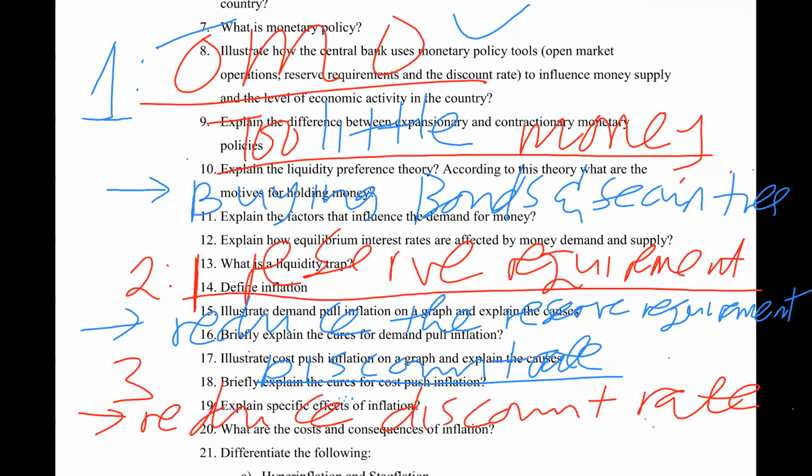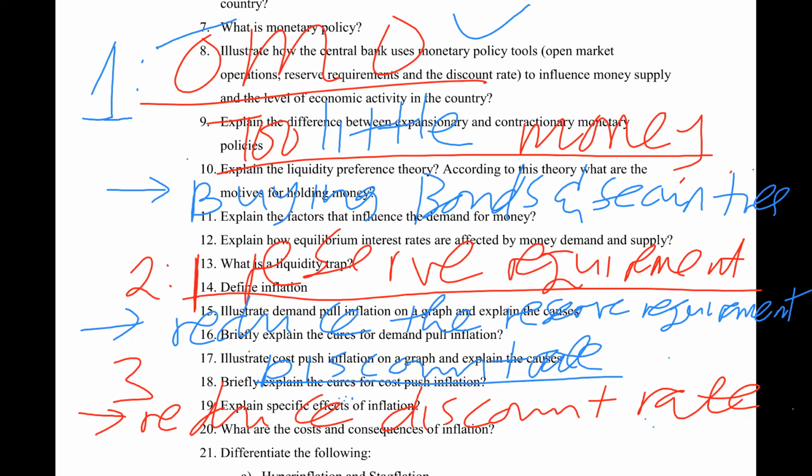Okay. About the reserve requirement, I did say that this is the amount of money that the commercial bank is required to keep to meet the demands of those people who are withdrawing. So when there is too much money, they increase the reserve requirement.